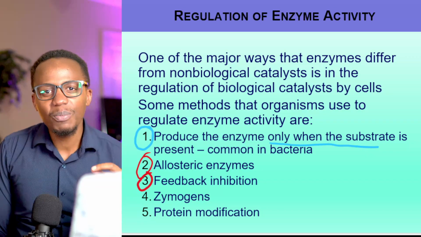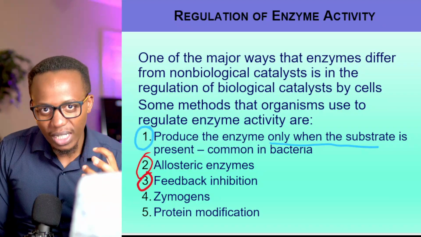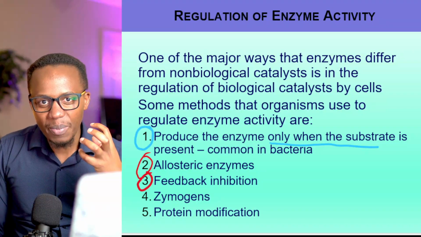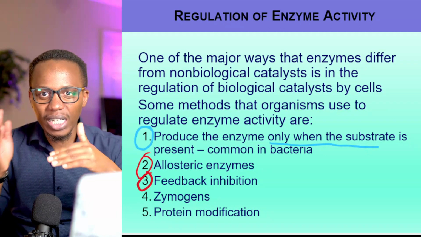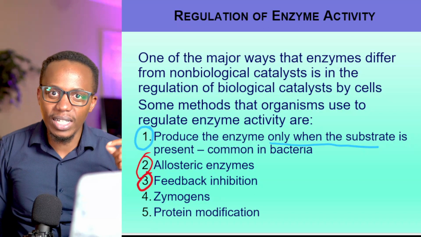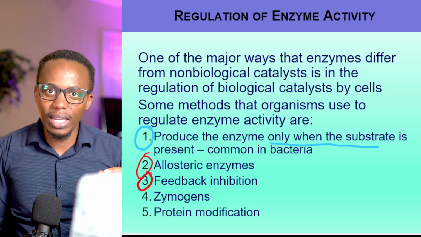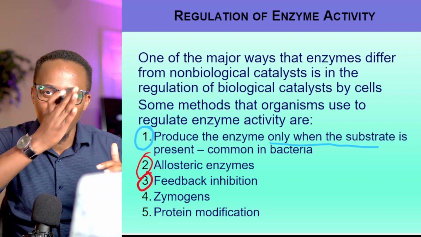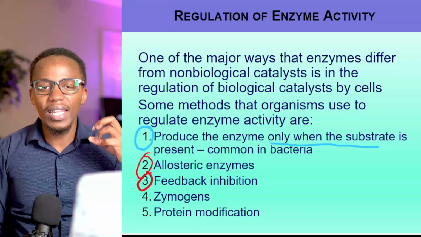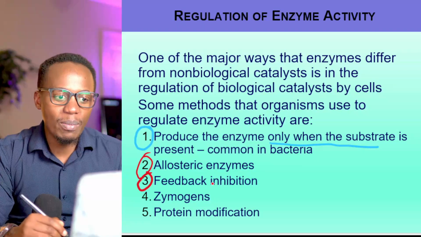An example is trypsinogen versus trypsin, right? Trypsinogen is a protein, but it's not active. It needs to be cleaved into two parts to produce trypsin. You need a peptidase, an enzyme that comes in and actually cleaves it, and then it becomes active. That is what we call a zymogen, right?